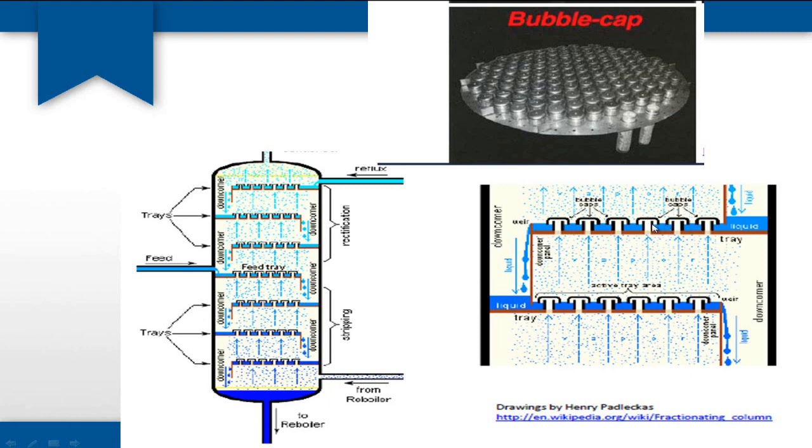And the liquid with heavier products on this above tray will overflow to the tray below for further equilibrium. And this is what the bubble cap looks like. And you can see the overflow is to this side.